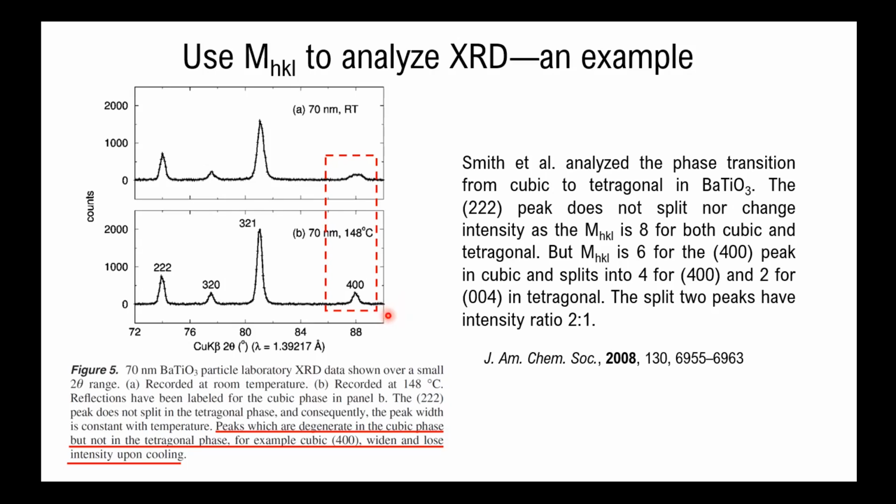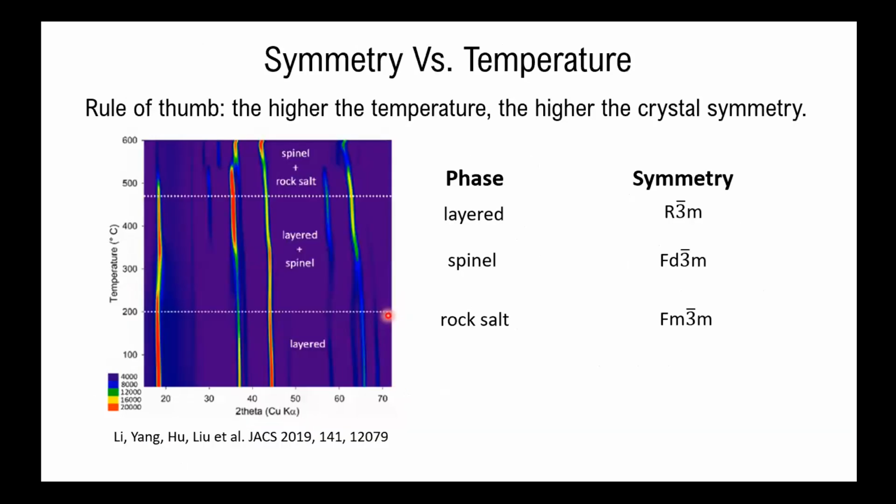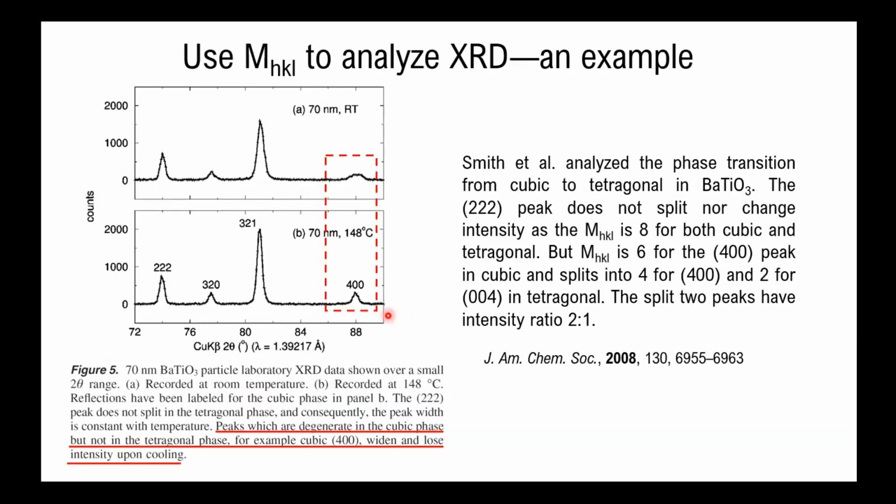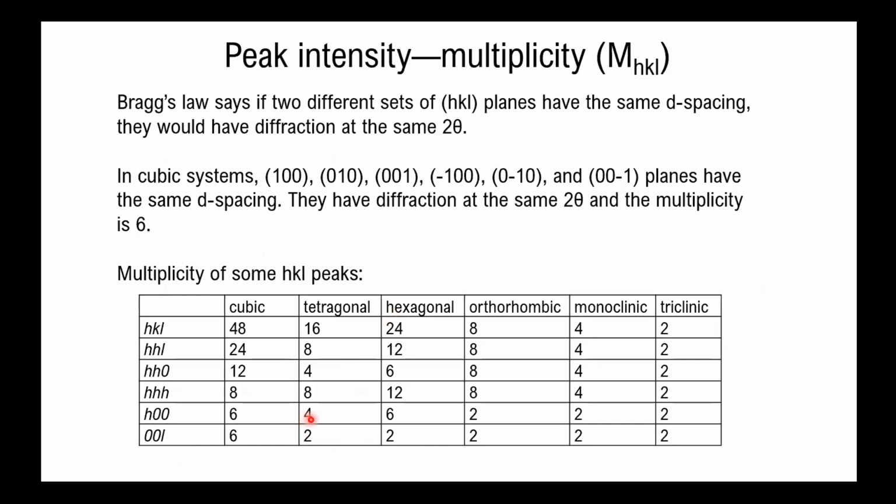So we'll be going to a tetragonal system, and we can see that once we have tetragonal, for the H00, the multiplicity will be 4, which means one peak will decrease. At the same time, it will give rise to a 00L, which has a lower multiplicity, a lower peak.